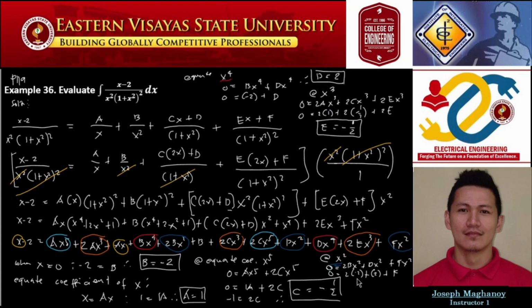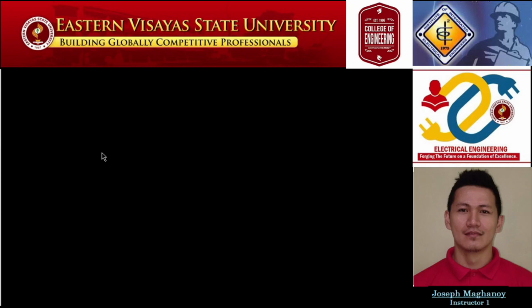Okay, so negative 2 times 2 is negative 4 plus 2, that is negative 2. Carry over to the other side, finally, your f is 2. Okay, so we rewrite our function since we already determined our a, b, c, d, e, and f numerators for our partial fraction. Let's move to our next page.